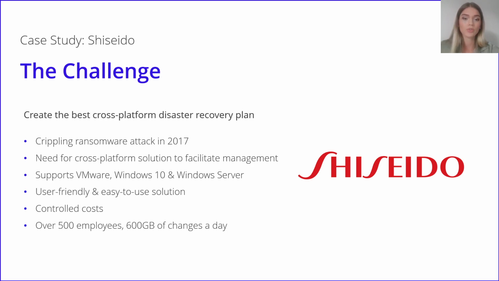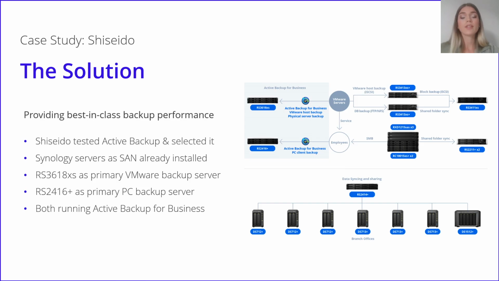They decided to look for a really strong backup solution, and they tried several well-known backup software, but they were expensive, not efficient, and not user-friendly. For Shiseido, the possibility of incremental backup across different platforms was very important. Then they found out that with Active Backup for Business, they can centrally back up data on client PCs, virtual machines, and Windows servers to a NAS, and they didn't have to purchase any additional licenses.